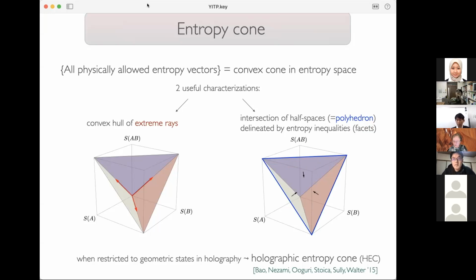Okay, so these defining regions on these hyperplanes are what's called facets. You can also specify the cone by some intermediate dimensional objects. Well, for 3 dimensions, there are no intermediate dimensional objects, but if you imagine a higher dimensional entropy space, the facets are codimension 1, so d-1 dimensional.